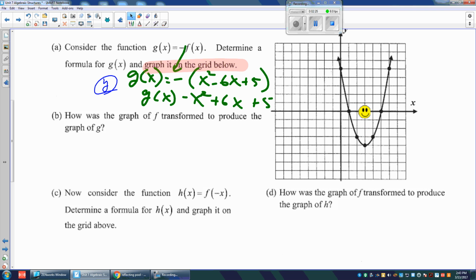So I take this y value and I take its opposite. 1, 2, 3, 4. So I just take their opposites. These two are the easiest because they're right on the x-axis. 1, 2, 3. And those two. Now I'm going to neaten that up a little bit. It also works going the other way. Going down 1, 2, 3, 4, 5.